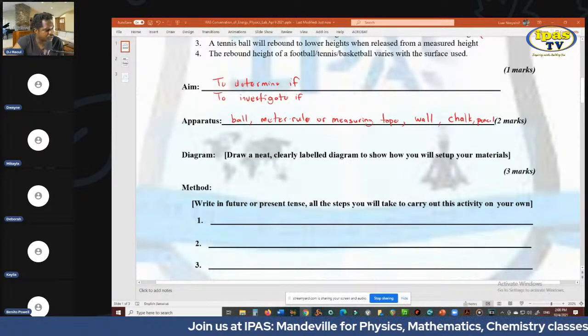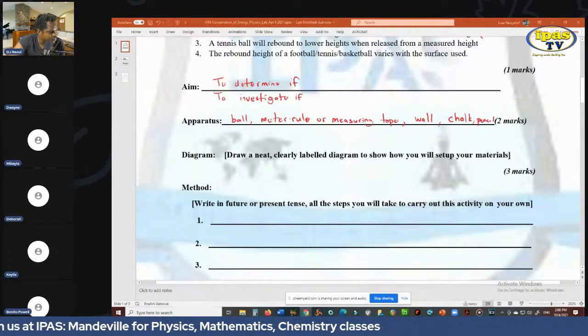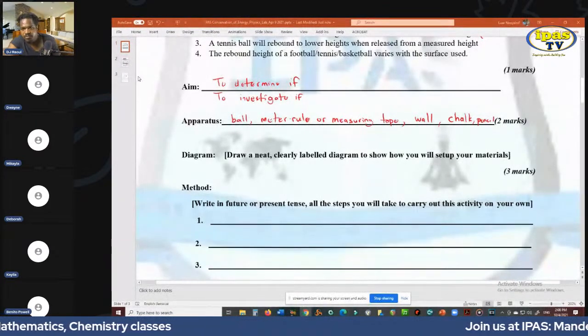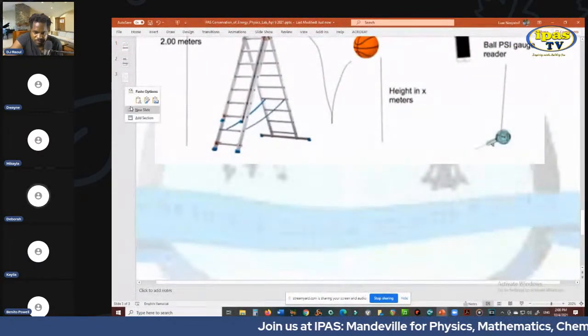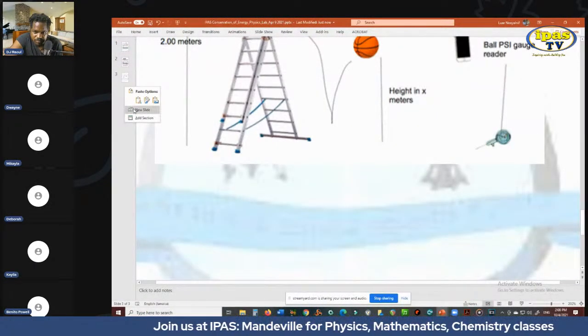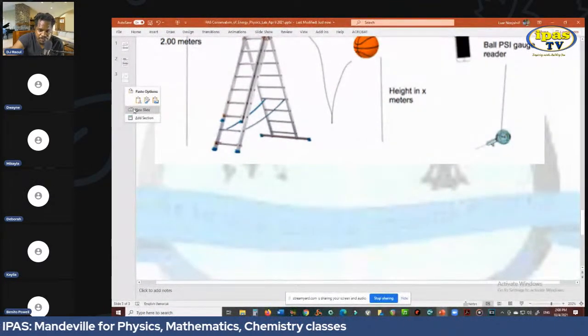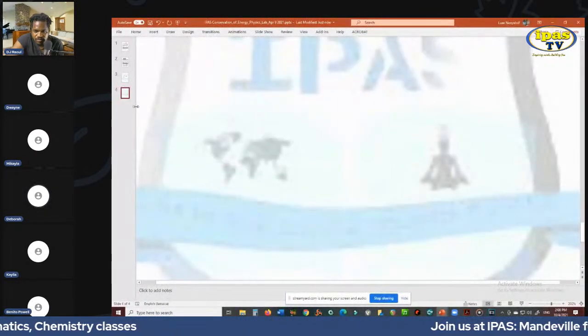Sir, I have a question. Yes, go ahead, Deborah. Sir, for the labs that are not P&D, do the diagrams have to be drawn, or can we use the ones that are on the lab sheet? Yeah, you can use the ones that are on the lab sheet if it's not P&D. Okay.